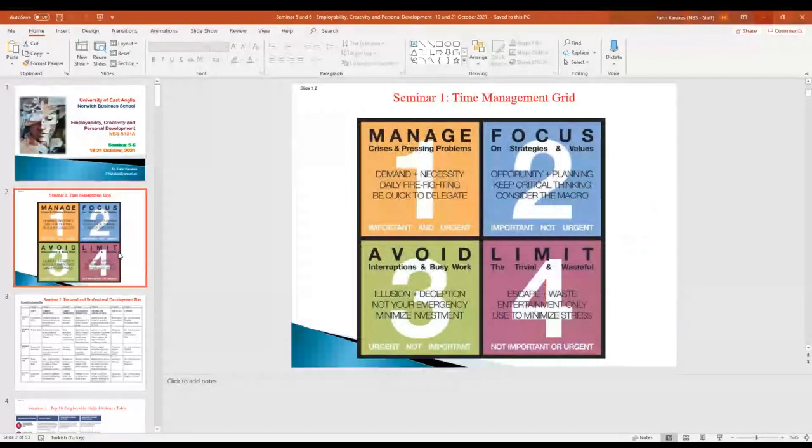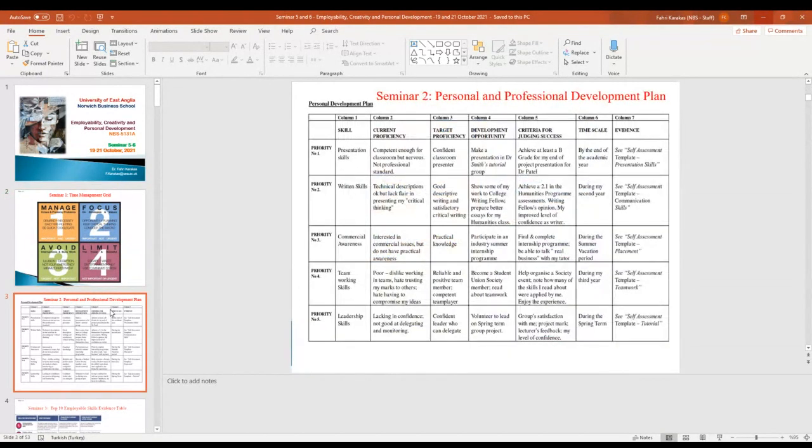Remember what we did in the first 4 seminars. In the first one, you completed the time management worksheet, right? You allocated activities to these 4 quadrants and reflected on your time management. In seminar 2, you developed your personal professional development plan.